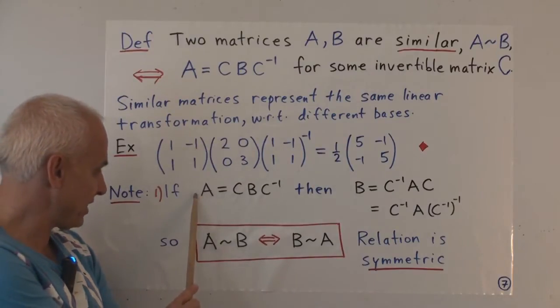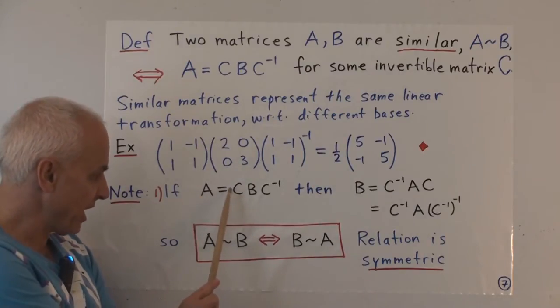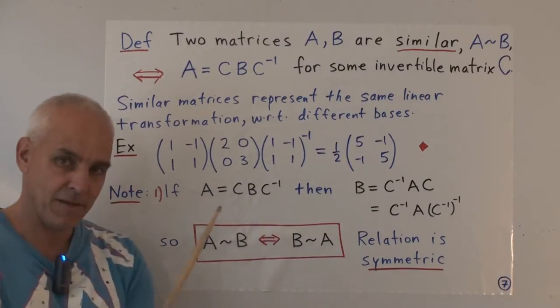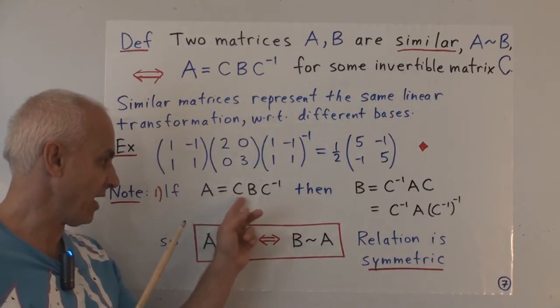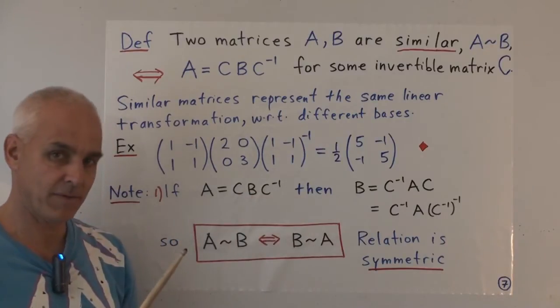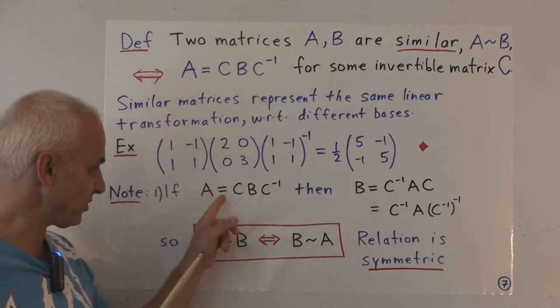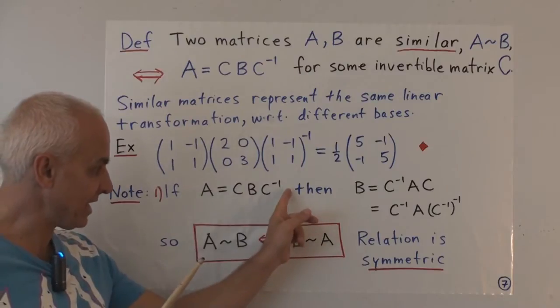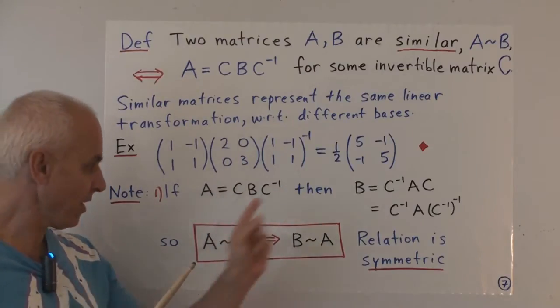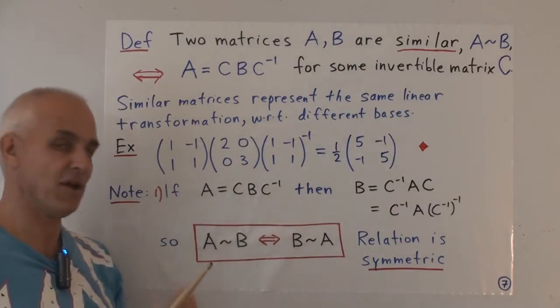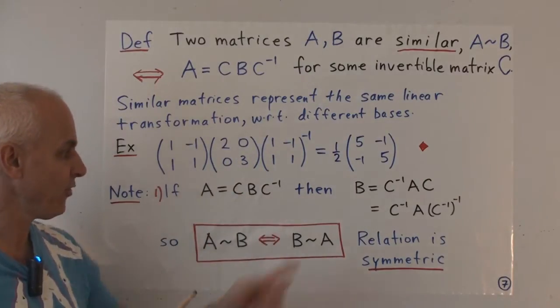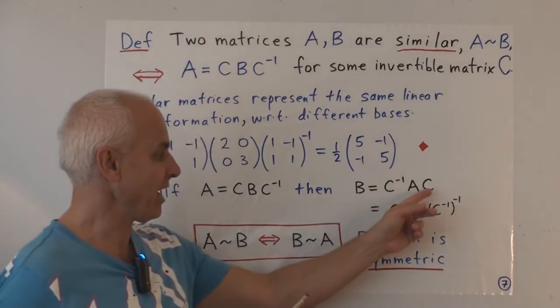If we multiply this by C inverse and this on the left by C inverse, then this C inverse and this C become just the identity matrix, and that essentially disappears because the identity times anything is anything. So that's the first thing. You multiply by C inverse on the left, and then you multiply by C on the right. Well, the C multiplying that C inverse will also give you an identity matrix, and you'll just get B on the right-hand side here. So you'll get that B equals C inverse A C.